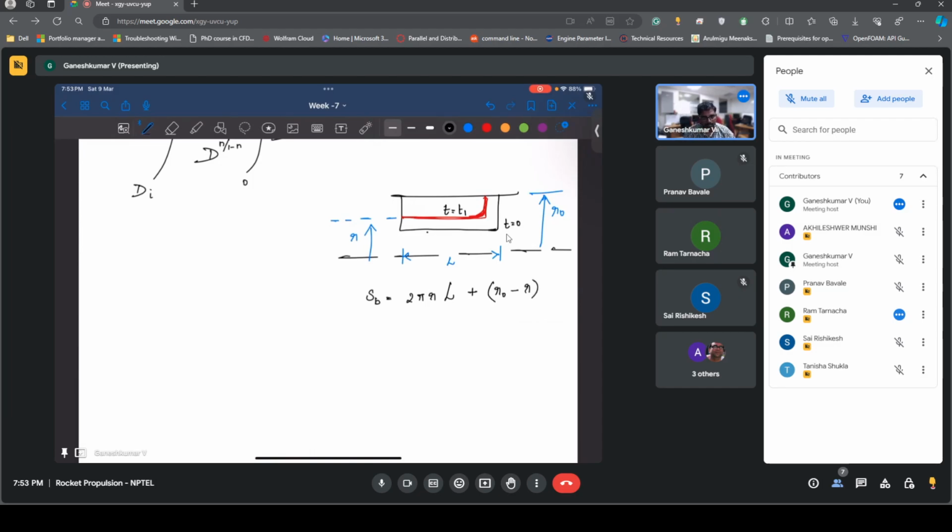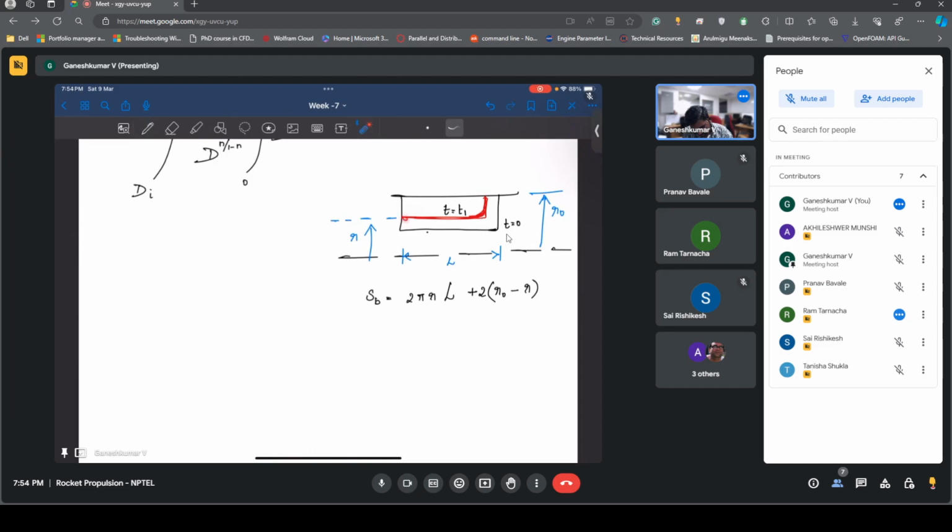Is this clear till now? The burning surface area? The only thing is, I'm telling you that L is also variable. We'll come to how to find L as a variable.